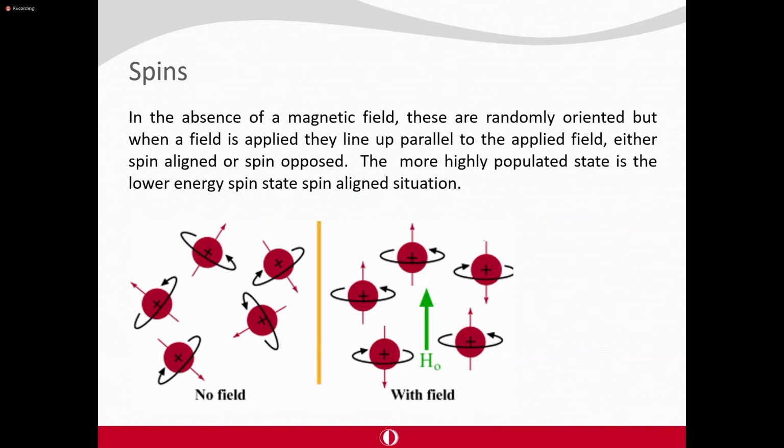So you see some of the spins are parallel to the magnetic field, some of them are opposite to the magnetic field. And this alignment will be creating a net magnetization, which will later be giving us the NMR signal.